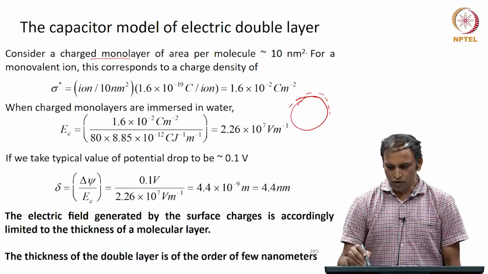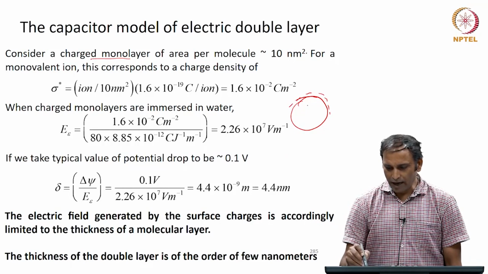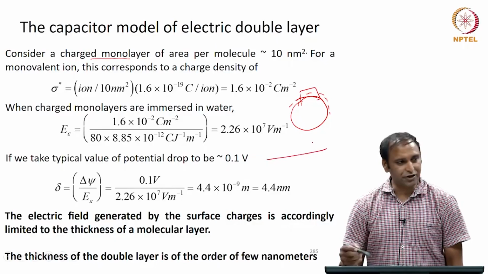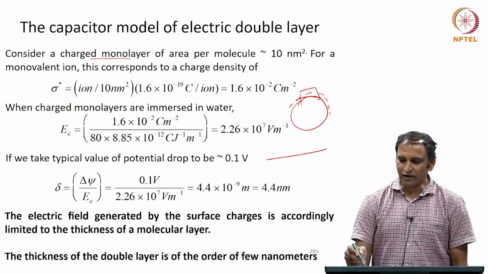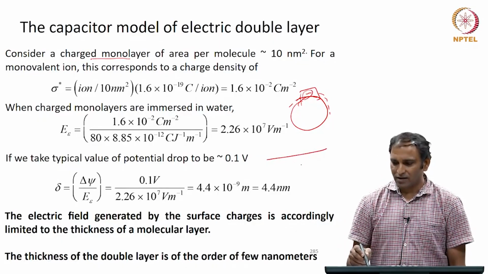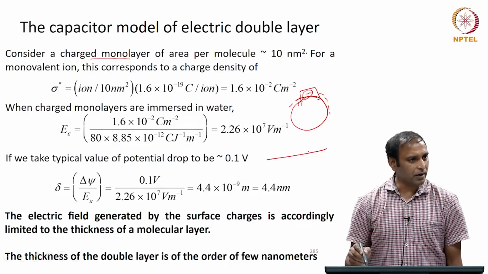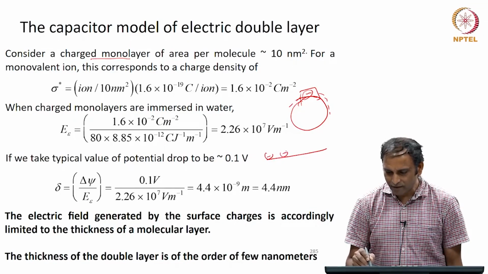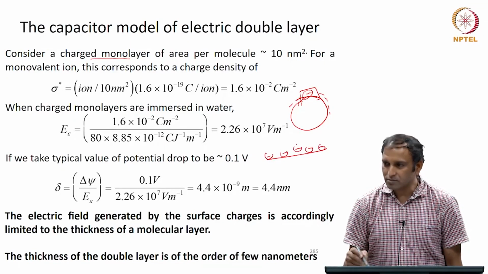If I look locally, I really have a flat region, because if I compare the size of the ions to the size of the particle, you can imagine it is a flat line. So, therefore, I am really going to have a charged monolayer in this case.